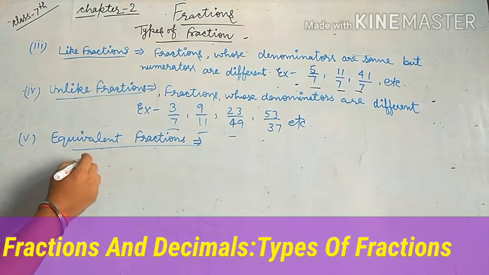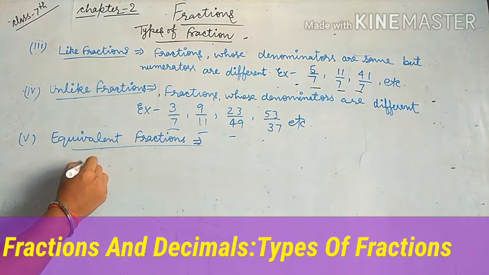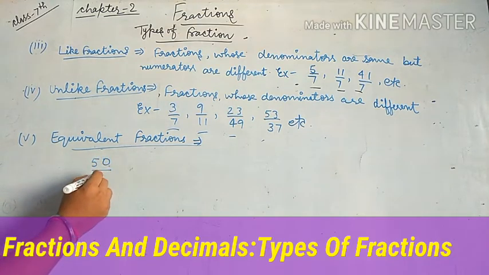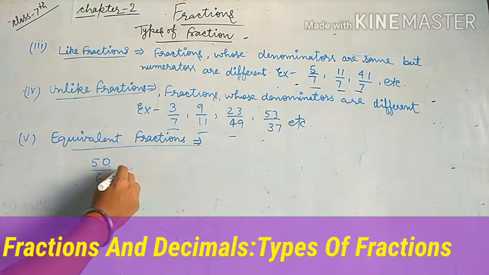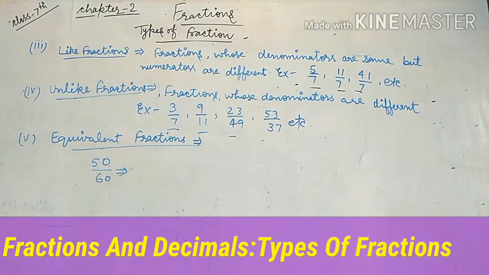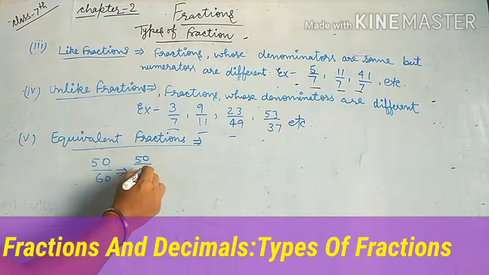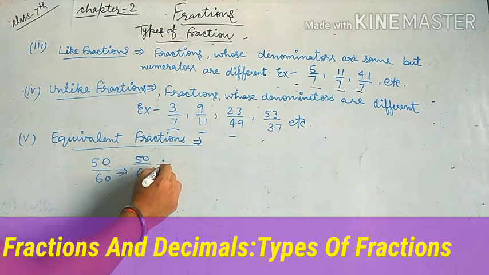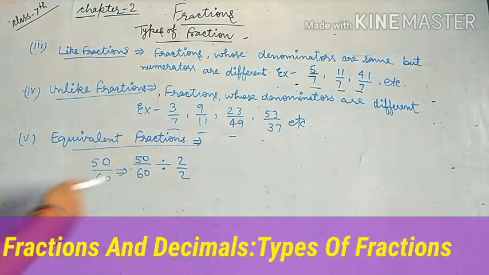For example, suppose you have 50 upon 60. Suppose firstly we will divide it by 2. 50 upon 60 divided by 2 upon 2: 2 in numerator, 2 in denominator.